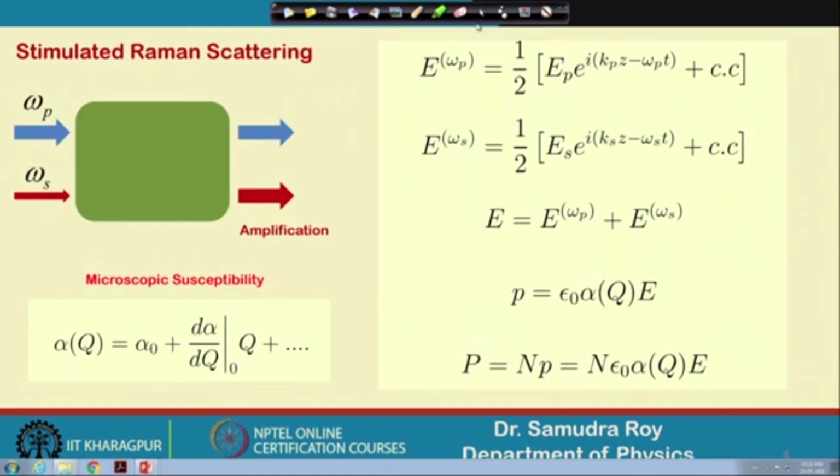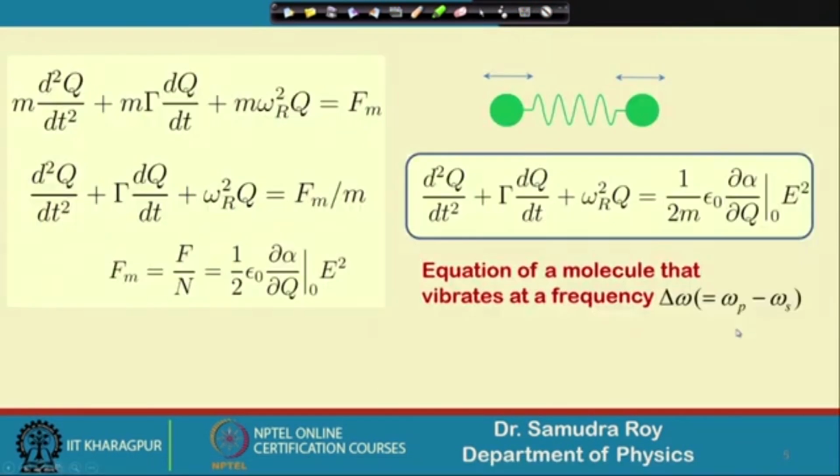In the last class we tried to find the differential equation of the vibrating molecule, because the form of q is important. Once we know the form of q, only then can we find the nonlinear polarization.